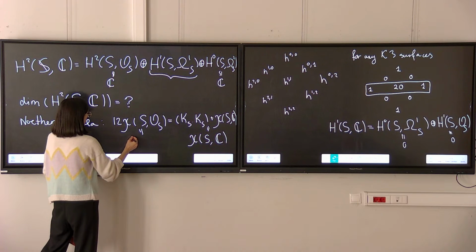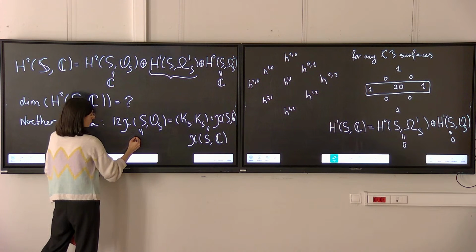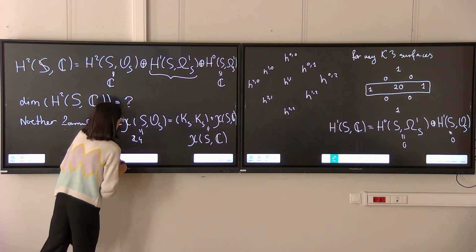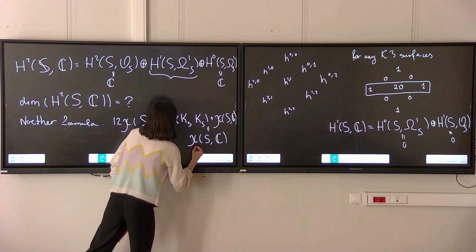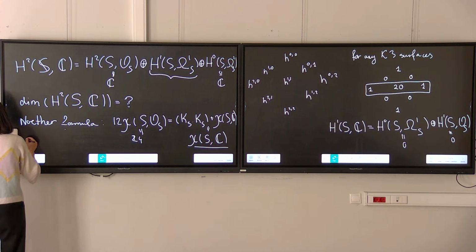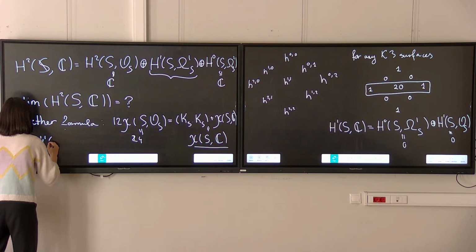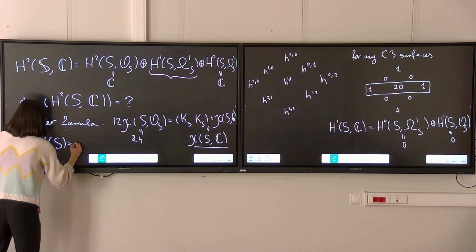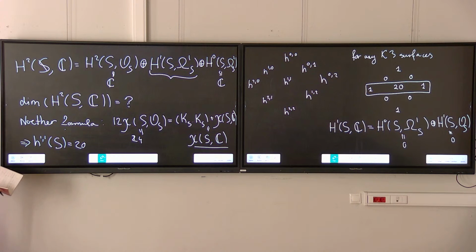What is this for a K3 surface? 24. And now from this we obtain that h^{1,1} of S is equal to 20.